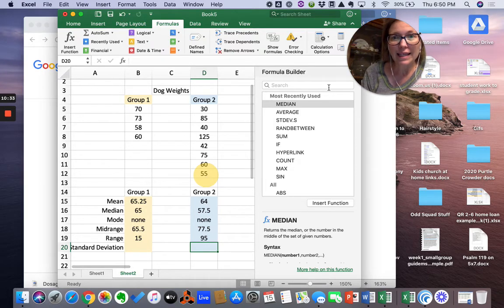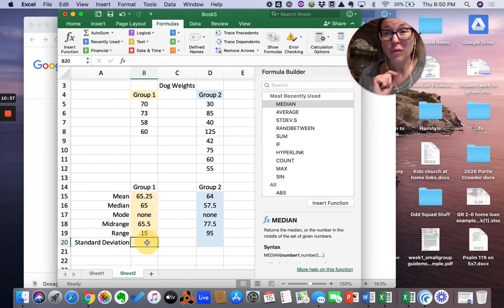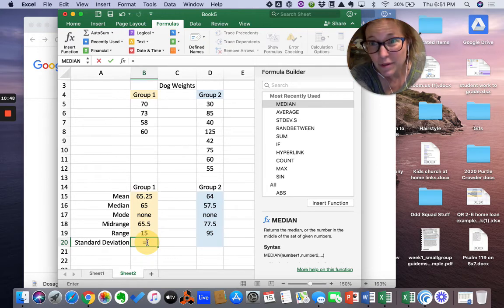Now finally, standard deviation. This is really important to be able to do because this is the only way I'm asking you to be able to do it. You don't need to do it by hand. So standard deviation. Now recall, there is sample standard deviation and population standard deviation.